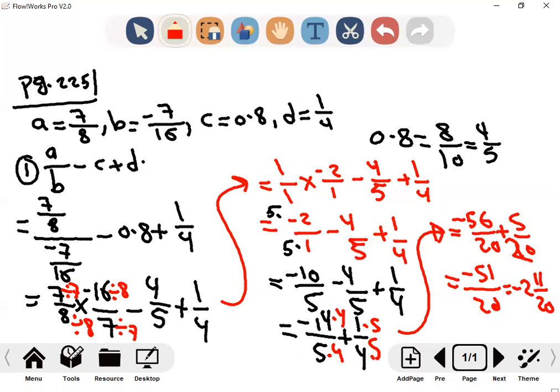Negative 2 and 11 over 20, not 2, negative 2. This is question 1. It can be decimal form or mixed number form.